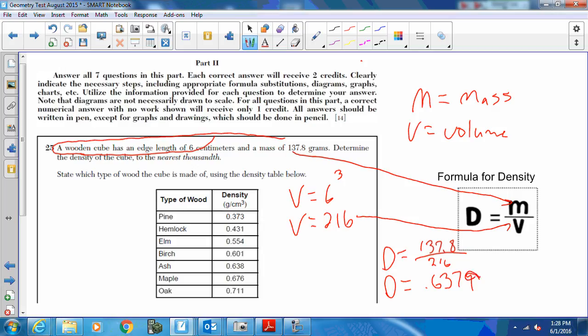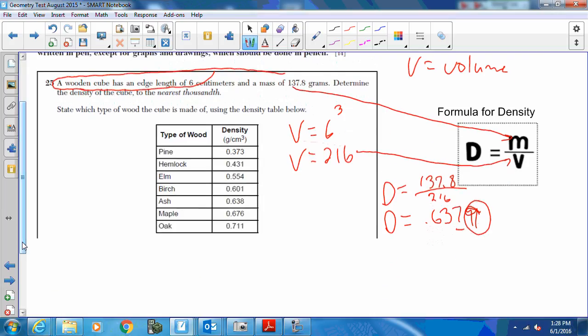It says to the nearest thousandth. Remember, there are 3 zeros in 1,000, so 7 is your thousandth place. In order to see where to round that, you look at the 9. Well, the 9 tells the 7 to go up to 8. So our density is equal to 0.638.